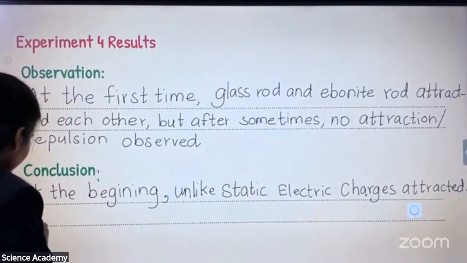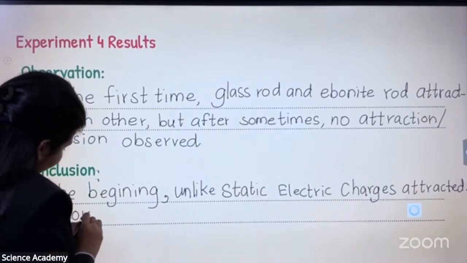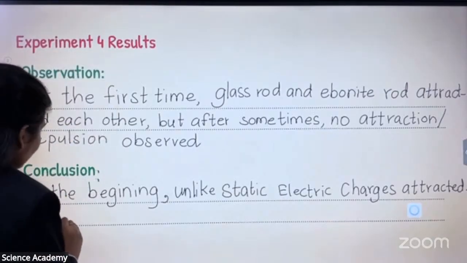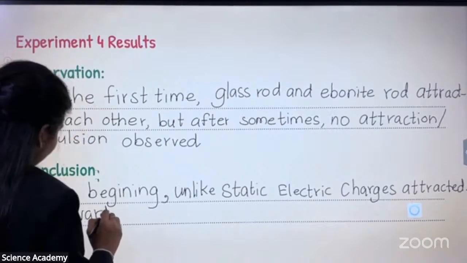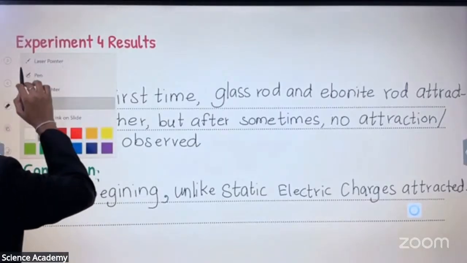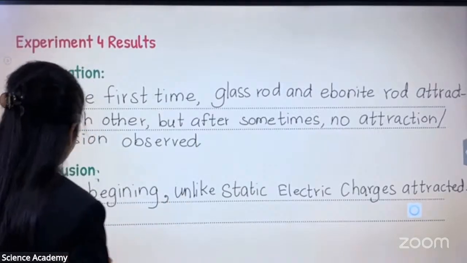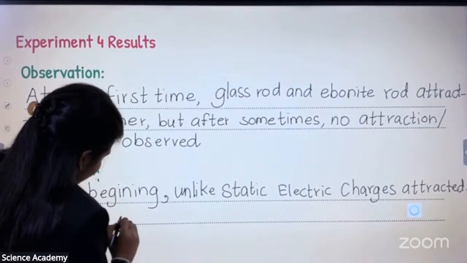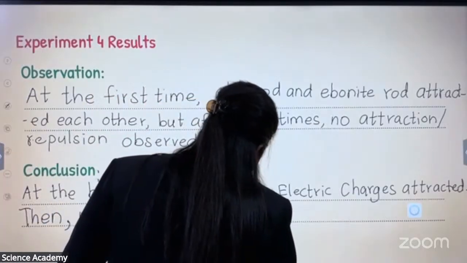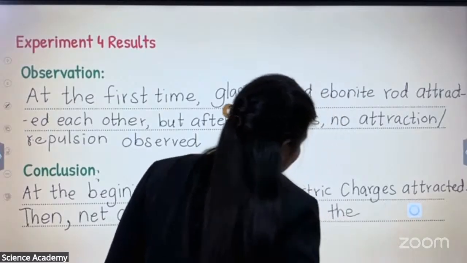And then after some time, afterwards, let's write down like that, the net charge was zero due to the neutralization.